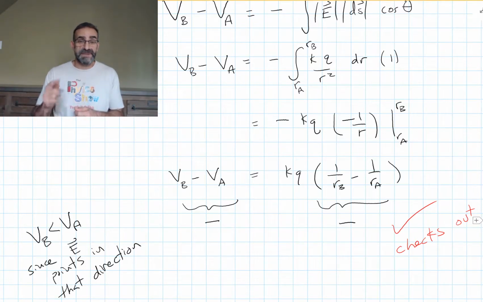But telling me that the potential is 100 volts higher at point A than at point B, that tells me something. The change in electric potential is what's important. So we need to take a reference to something. That's why this equation is a little cumbersome the way it is. It's looking at two different places, A compared to B.